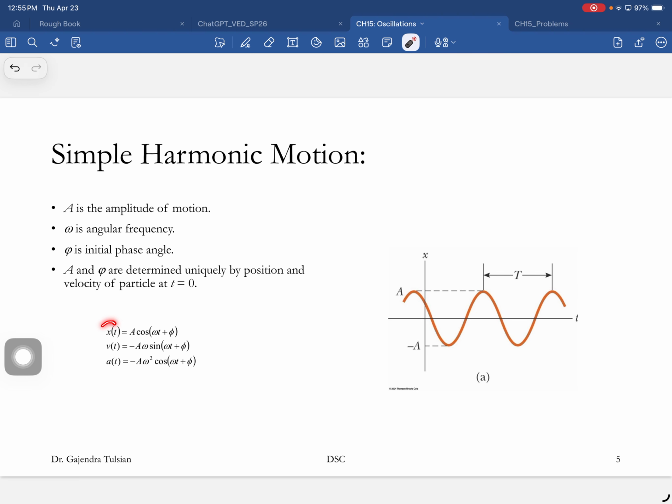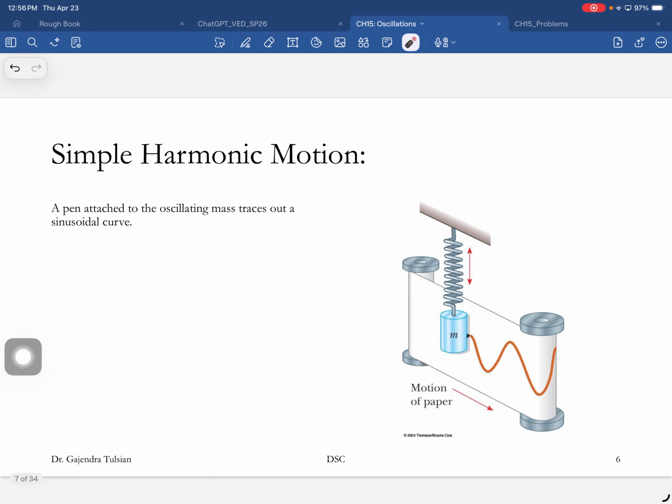All right, so the position here is given by, you could have used a sine function as well, so it's given by a sine or a cosine function. And this thing actually illustrates physically that this is true. You can take a mass, attach it to a spring, and attach a pen to that mass.